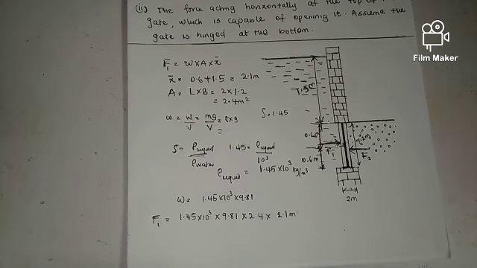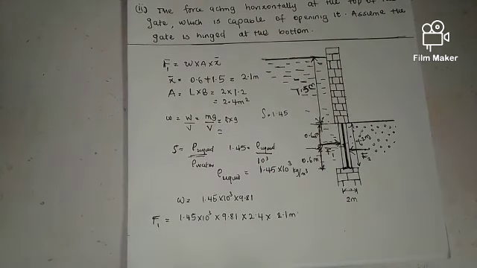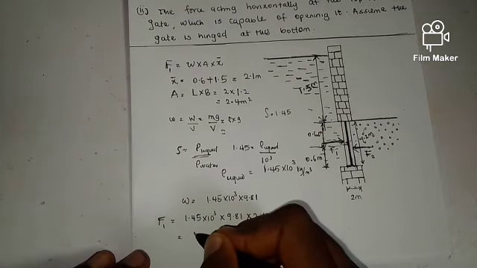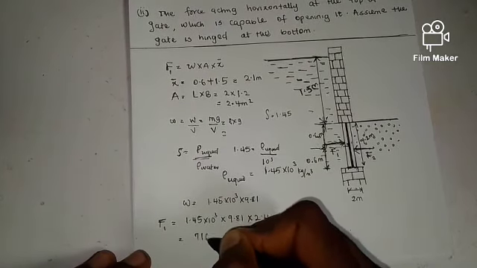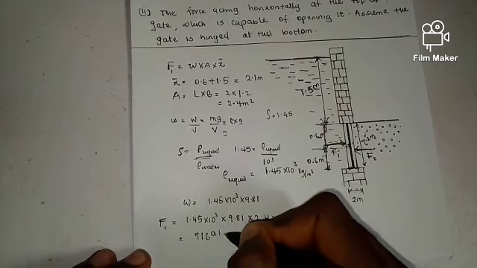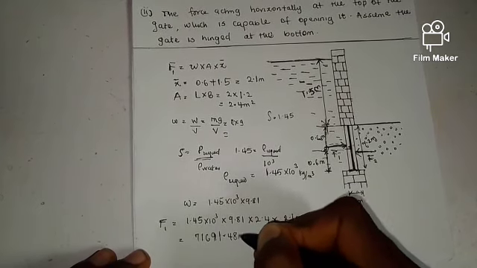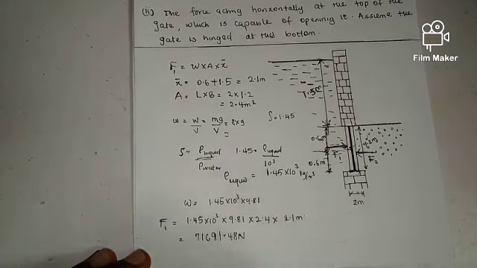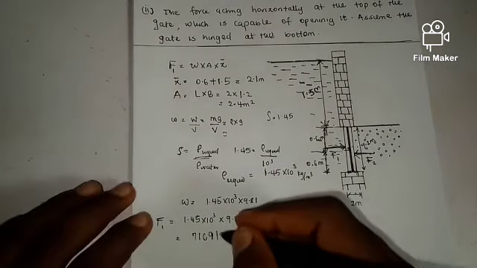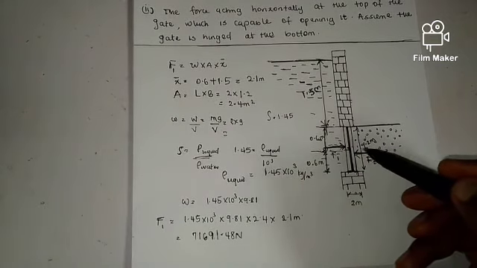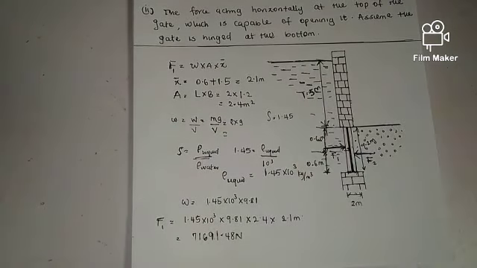Now, simplifying this, I should have 71691.48 Newton. So that is that for my F1. So this is the force acting on this gate due to this liquid.